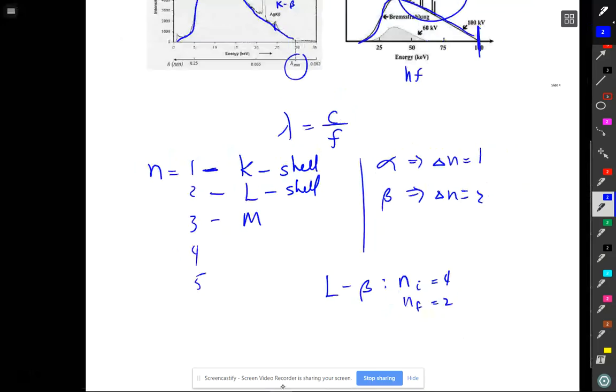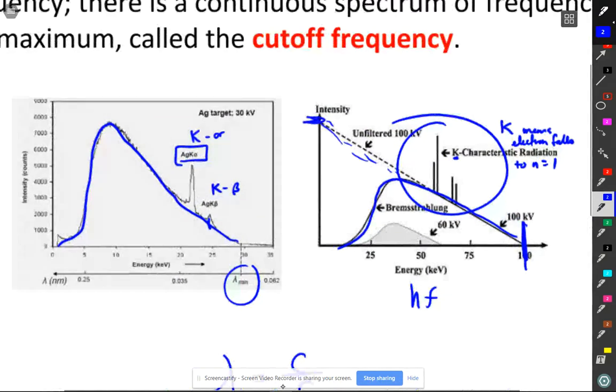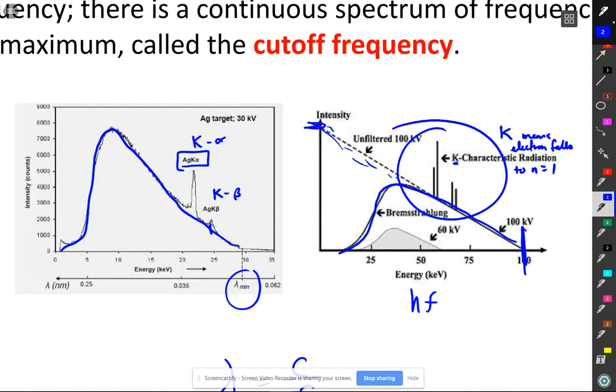So those characteristic peaks have a very simple meaning for the labels. And of course, the spectroscopic labeling, the K is telling you N, the alpha or beta is telling you the change in N. And so in this one here, it calls this K characteristic radiation.